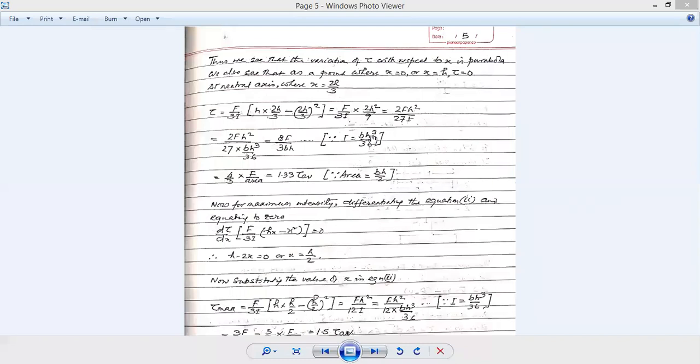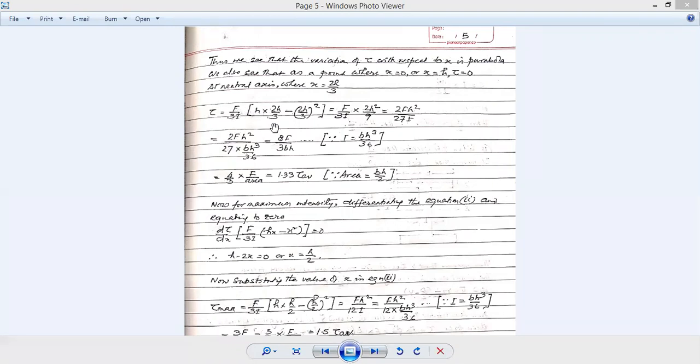So the variation of tau with respect to x, or the height of the section, is parabolic, and where x is equal to 0 it is only a point, and where x is equal to h, tau is equal to 0. At the neutral axis, where x is equal to 2 into h by 3, we put the value of h and do the necessary calculation.